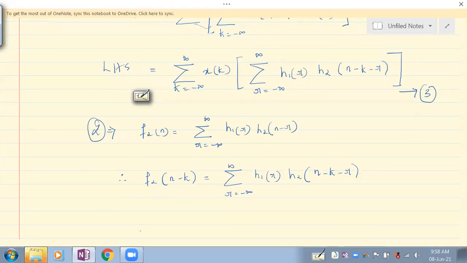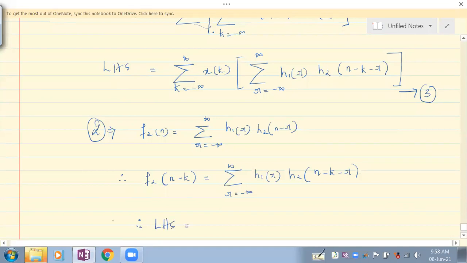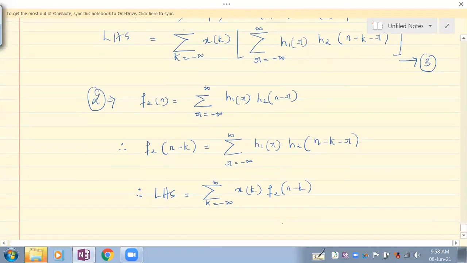So therefore our LHS would look like summation k ranging from minus infinity to plus infinity x of k into f2 of n minus k. So this is convolution of what? This actually would become convolution of x of n and f2 of n.